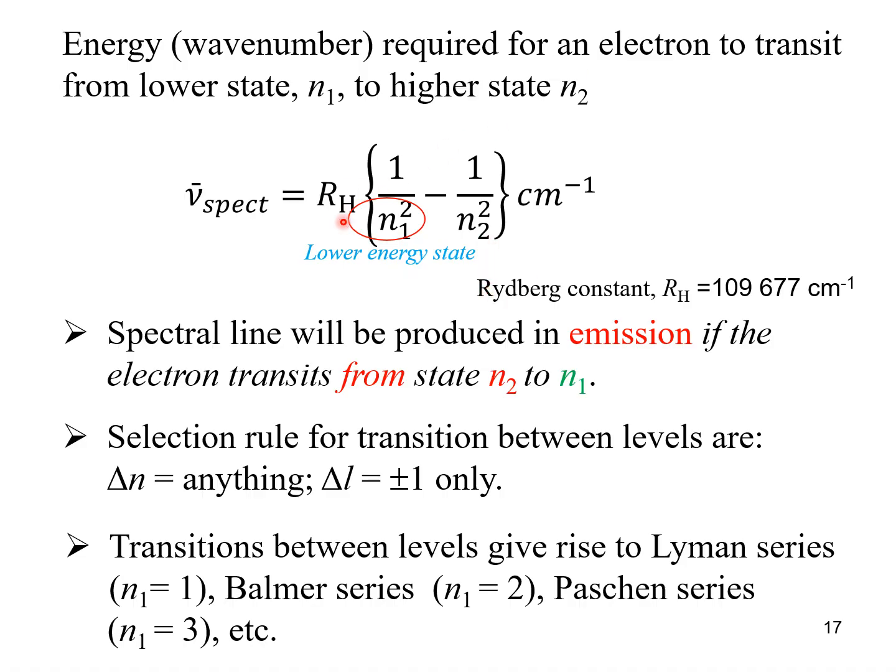RH is the Rydberg constant. So the positions of the spectral lines appearing in the spectrum can be determined using the equation given in this expression. The spectral line will be produced in emission if the electron transitions from state n2 to n1.